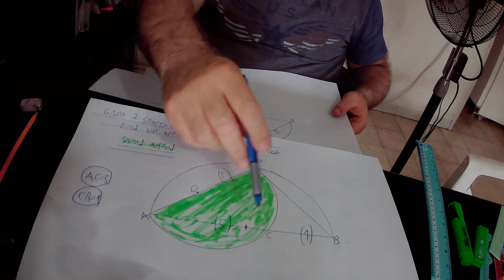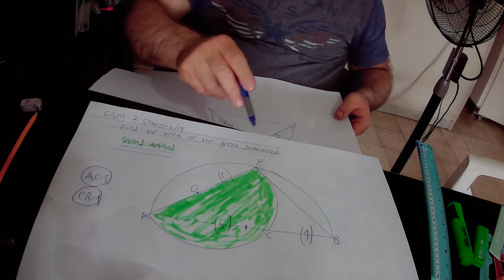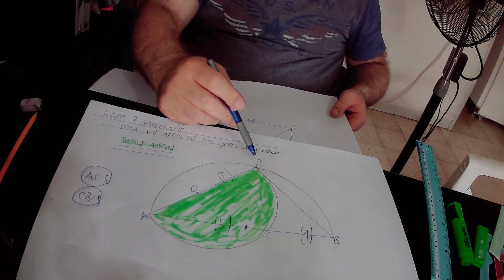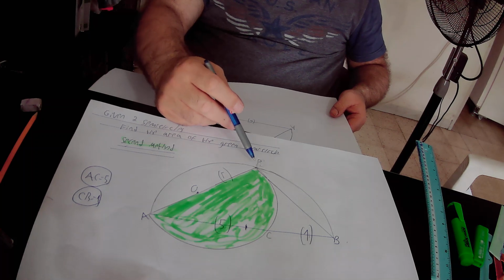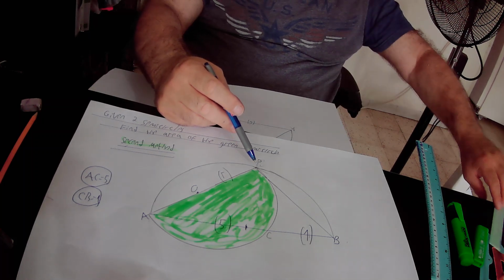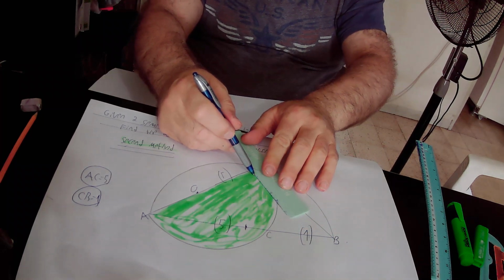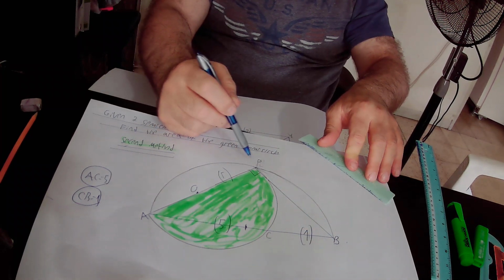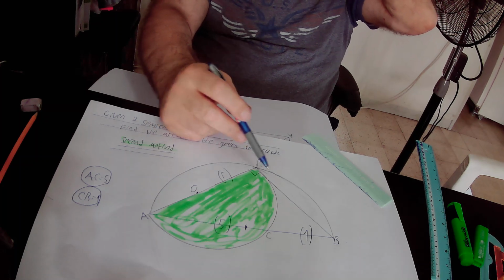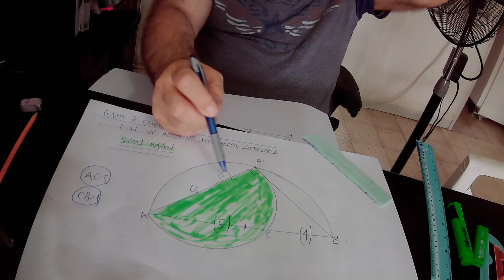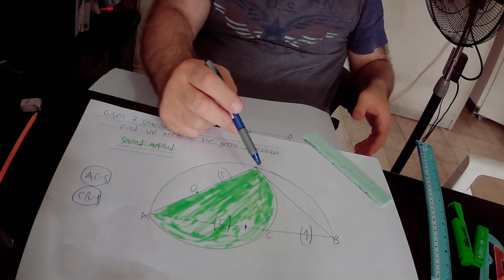to this green semicircle. Again, BP is tangent to the green semicircle, and the point of tangency is at point P. Why? Because it creates 90 degrees with the radius PO, and any straight line that creates 90 degrees with the radius PO is defined as a tangent.